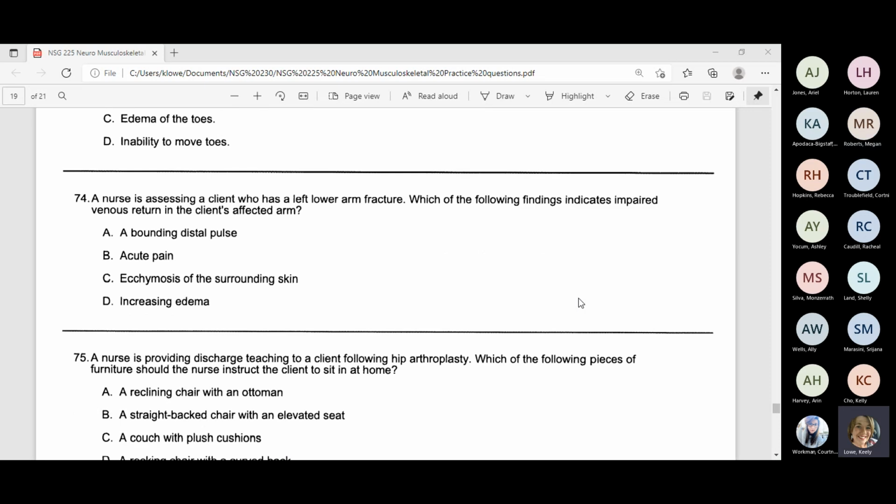Nurse is assessing a client who has a left lower arm fracture. Which of the following findings indicates impaired venous return in the client's affected arm?